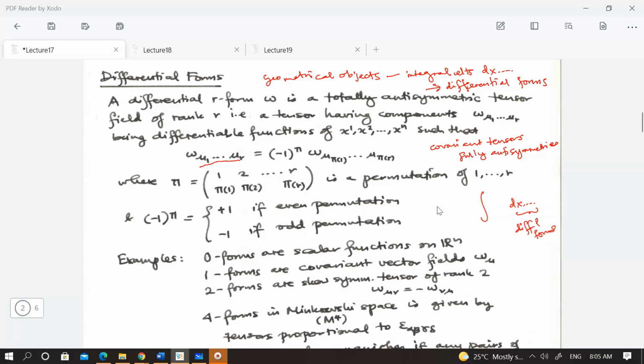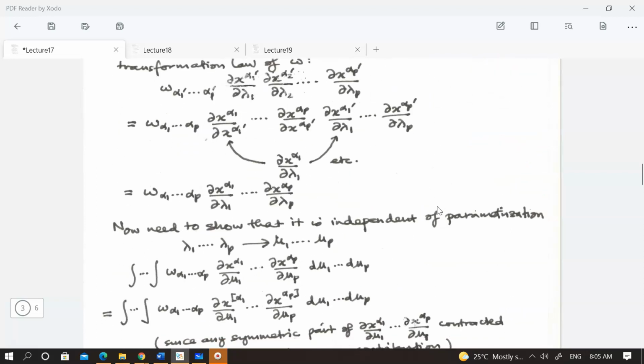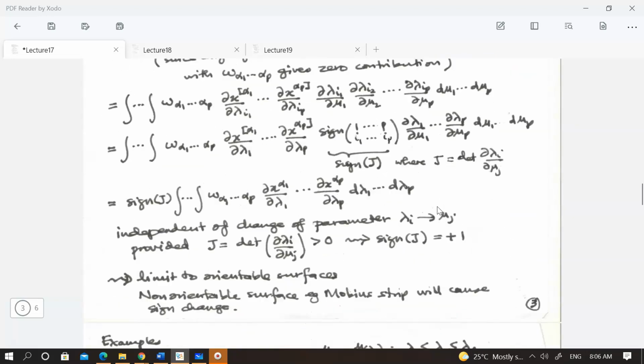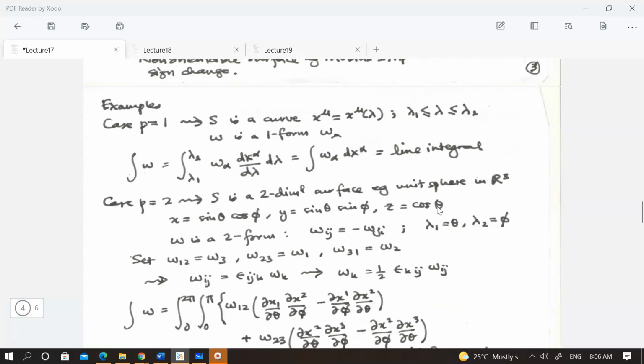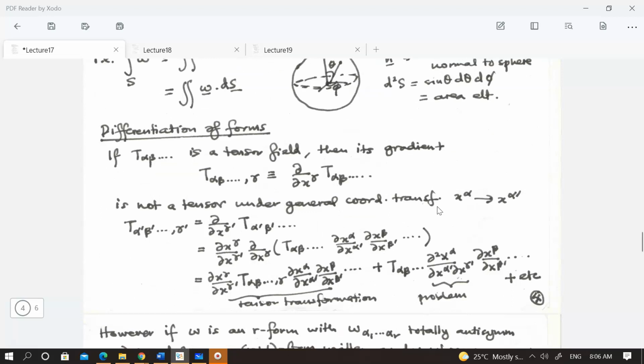So the other thing that we have learned in the last lecture is to consider the idea of a differentiation of these forms. So the differentiation will not be just the ordinary differentiation. We need to define what we call exterior derivatives, where it automatically includes the antisymmetrization.